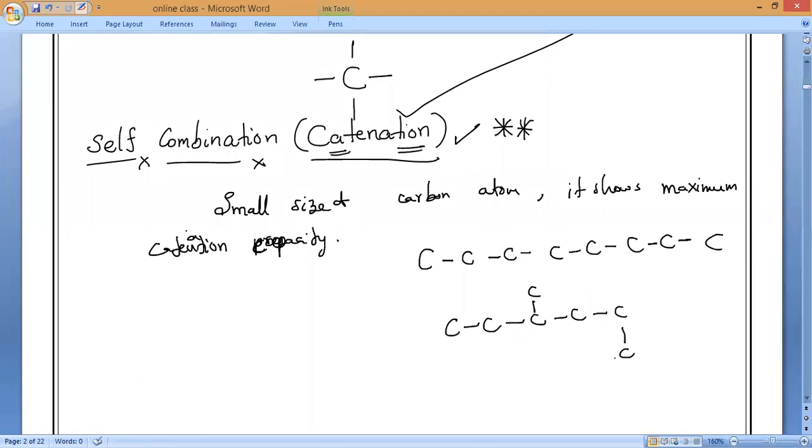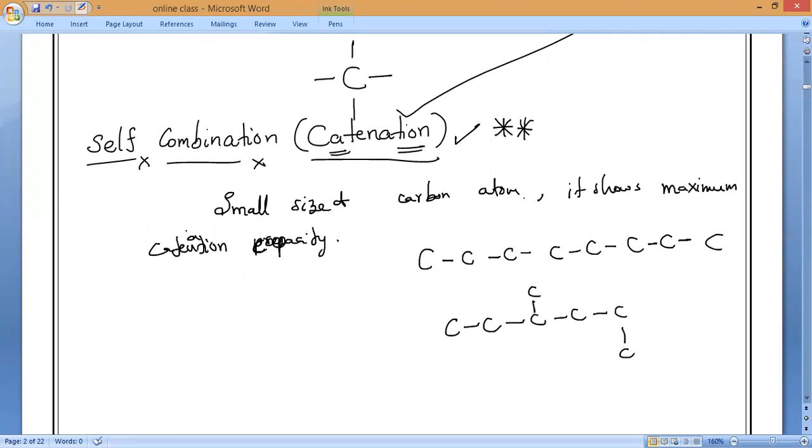Catenation is the unique property of carbon, which gives it the capacity to form long straight chain compounds, or branched chain compounds, and even rings also. That is why it is called a special, versatile nature of carbon called catenation. Have you all understood, everybody?